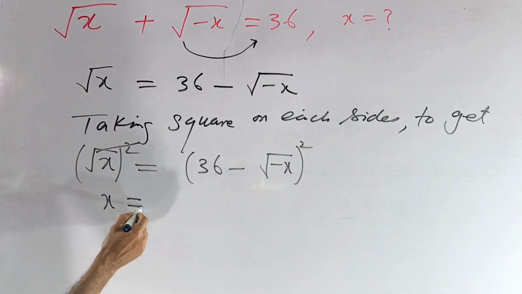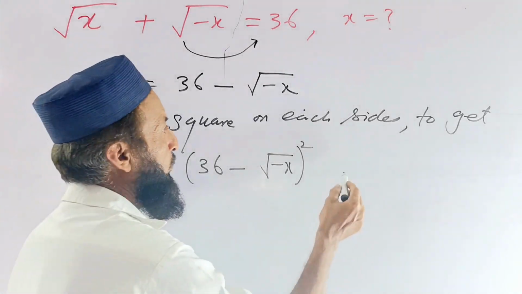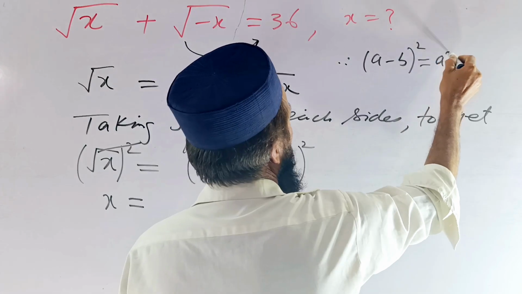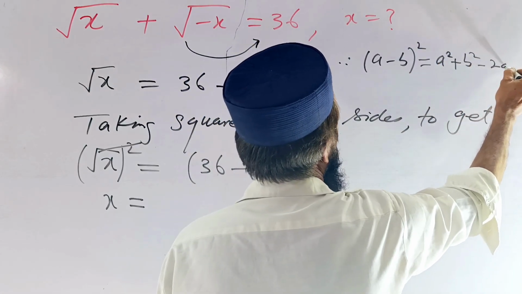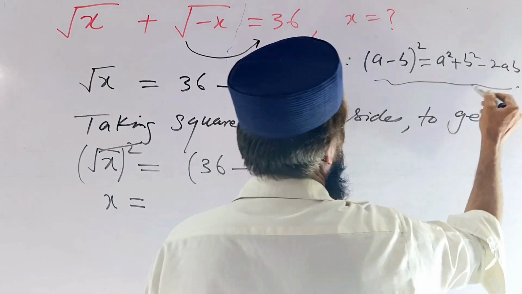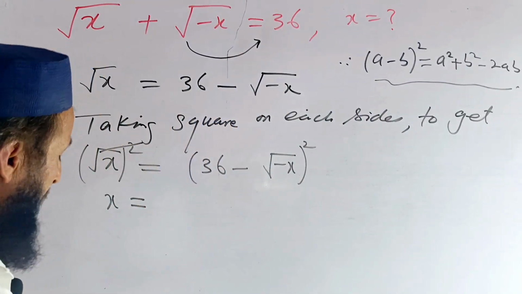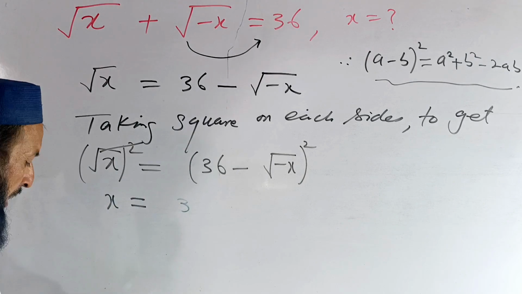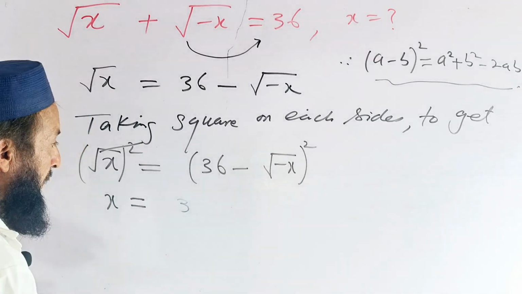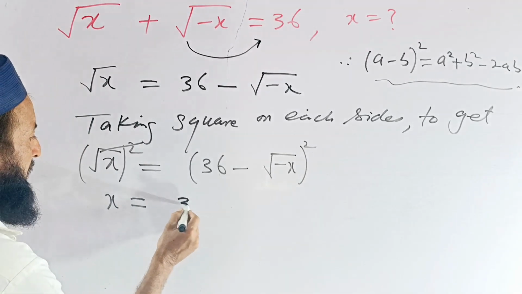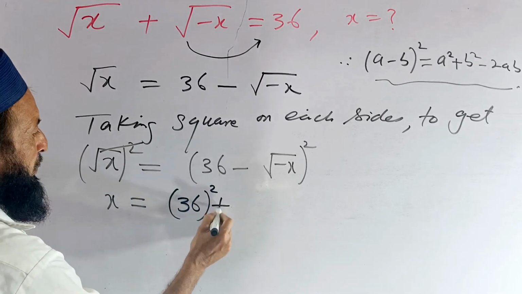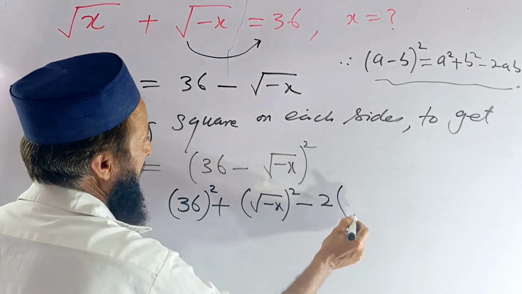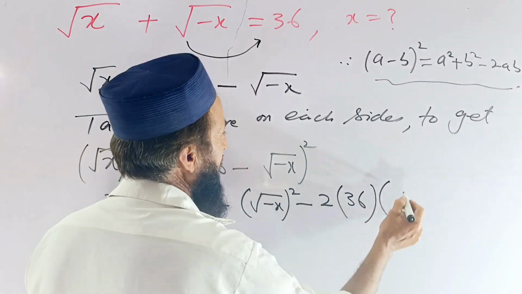We get here x minus, and here we are using the formula. According to this formula, a minus b whole square is equal to a square plus b square minus 2ab. According to the algebraic formula we are using here, in this formula if we open this term, 36 square, that is a square plus b square minus 2 into a into b.